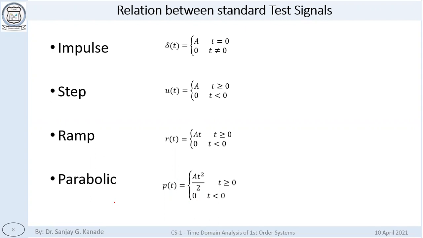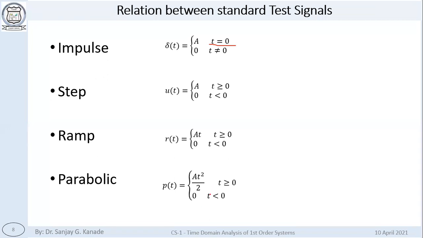I hope you are writing down whatever is going on. So the impulse signal is this one. Delta of t is equal to a for t equal to 0, and it is 0 for t not equal to 0. Step is a for t greater than or equal to 0. One thing is common to all: when t is less than 0, on the negative axis, all these signals have value 0.